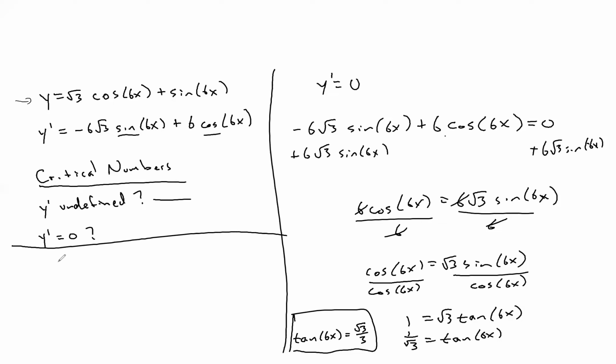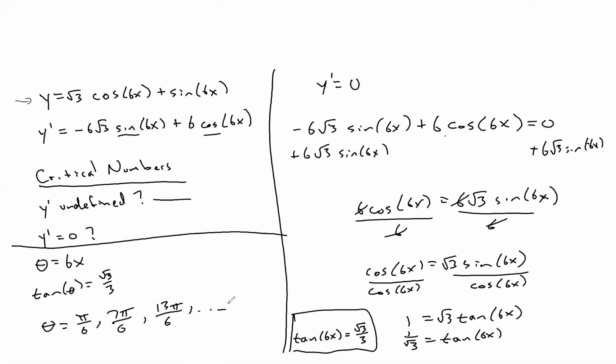So if I say that theta is the same thing as 6x, just to make this look cleaner, then I can say tangent of theta equals root 3 over 3. And we already solved this equation, right? We found that theta equals, there's a whole long list of numbers we could write down. We could write down pi over 6, 7 pi over 6, 13 pi over 6, and so on.